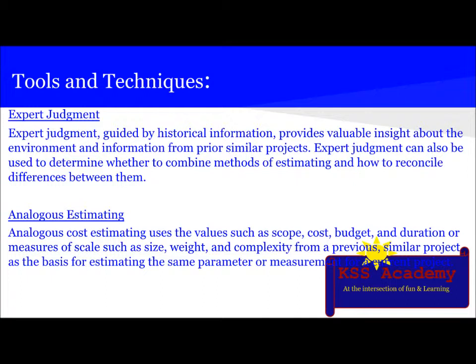Analogous cost estimating uses values such as scope, cost, budget, and duration, or measures of scale such as size, weight, and complexity from a previous similar project as the basis for estimating the same parameter or measurement for the current project.